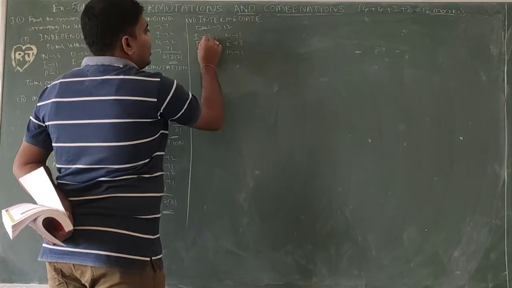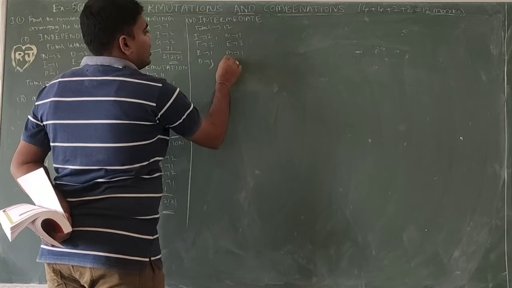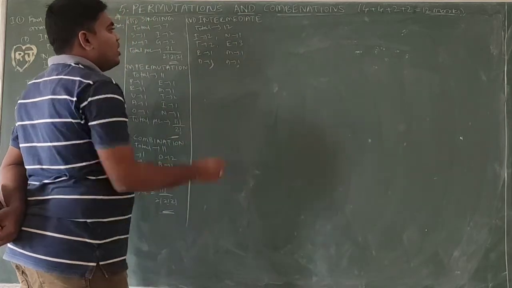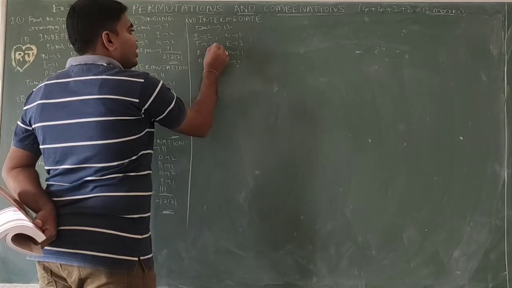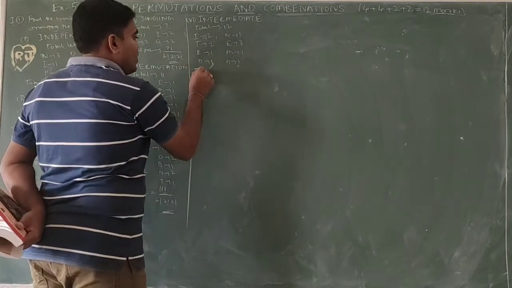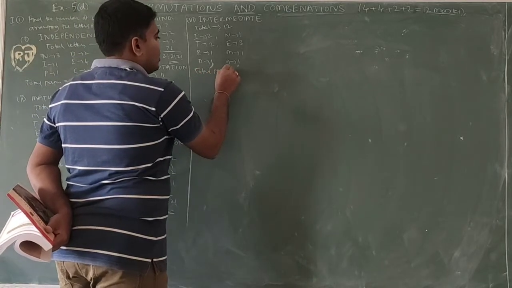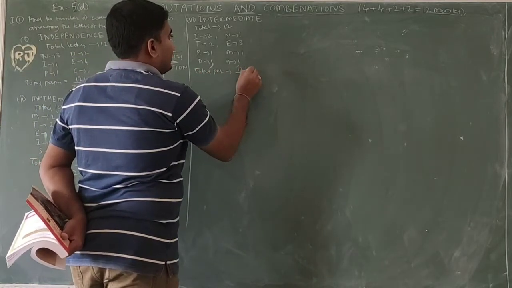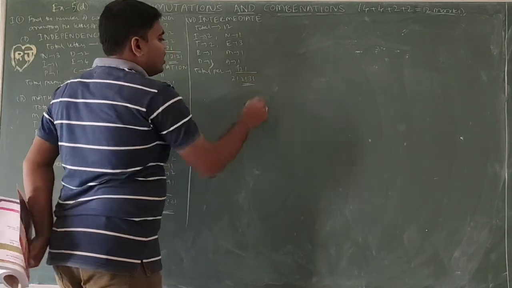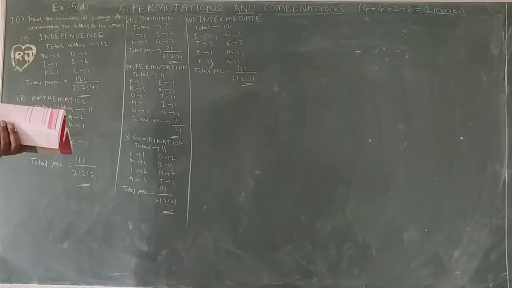I already completed. A only once. T completed. E completed. 2 plus 1 is 3, plus 2 is 5, plus 3 is 8, 9, 10, 11, 12. So total permutations equal to 12 factorial by 2 factorial, 2 factorial, 3 factorial. This is the required answer.